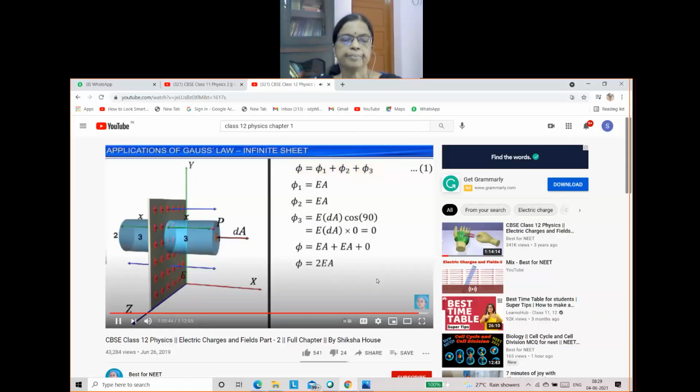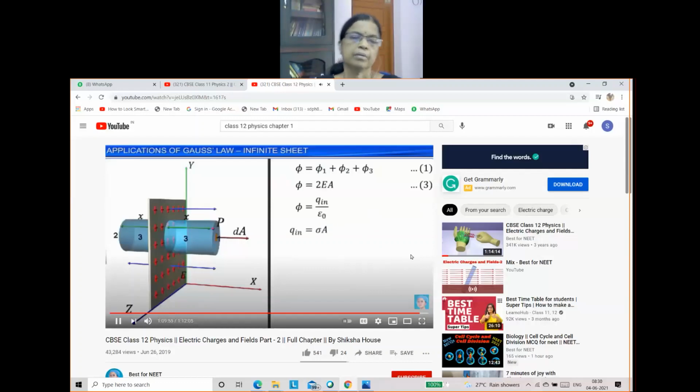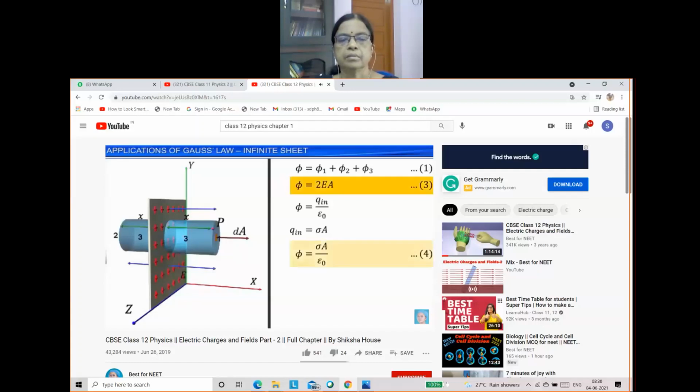According to Gauss's law, phi is equal to Q in by epsilon naught. Substituting the value of Q in, we get phi is equal to sigma A by epsilon naught. Let this be equation 4. From equations 3 and 4, we get 2EA equal to sigma A by epsilon naught. Simplifying this expression, we get E equal to sigma by 2 epsilon naught.